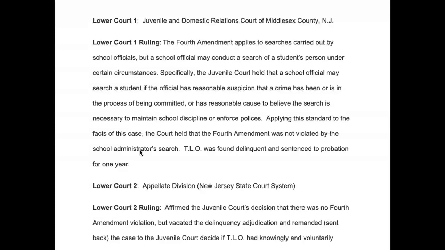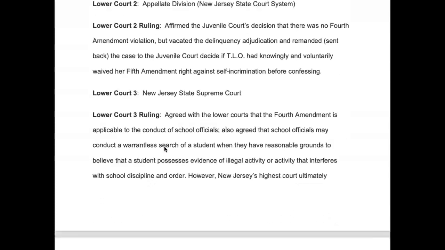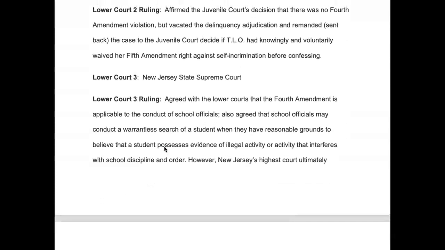Well, TLO's lawyer appeals it, and it goes to the appellate division in New Jersey. And there, they affirm the juvenile's decision, saying it's not a violation of the Fourth Amendment. But they said you need to take away the delinquency, she's not delinquent, and you need to send it back to the juvenile court.